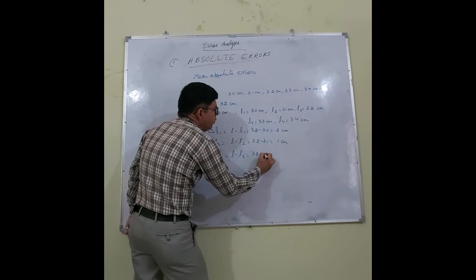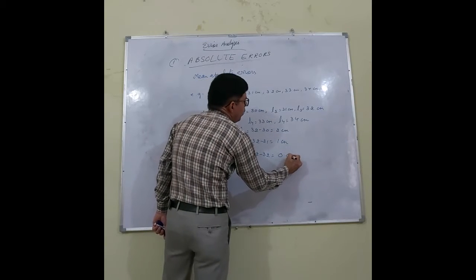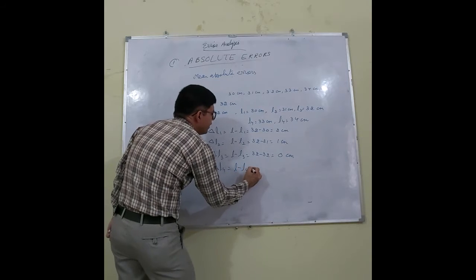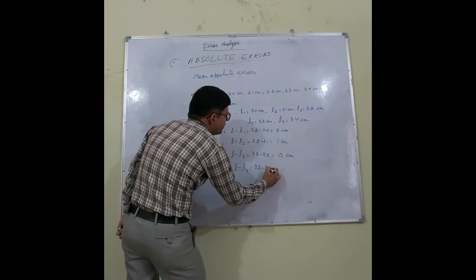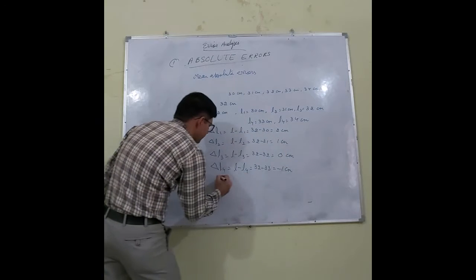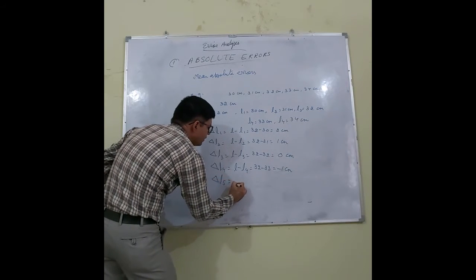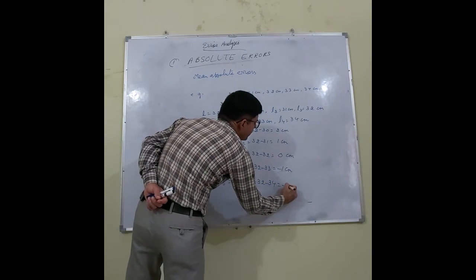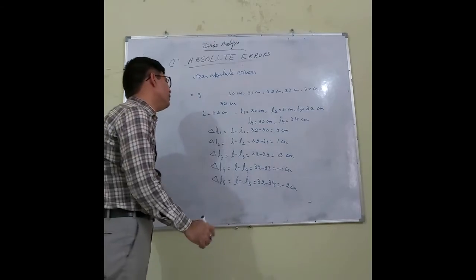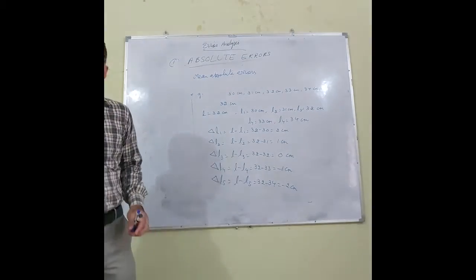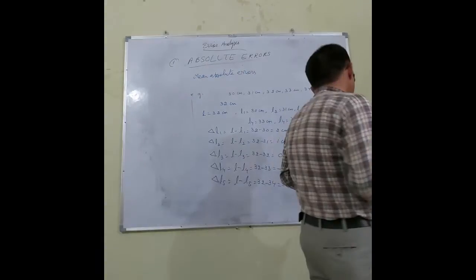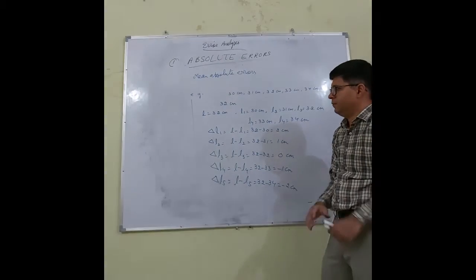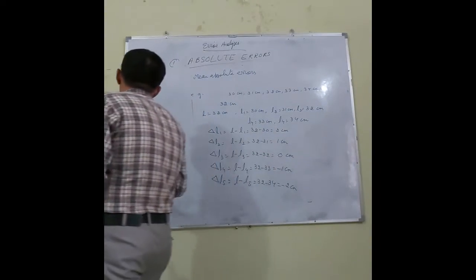It will be 32 minus 32, this is 0 centimeter. And in the fourth, L minus L4, 32 minus 33, minus 1 centimeter. And in the fifth observation, L minus L5, 32 minus 34, minus 2 centimeter. Now, delta L1, delta L2, delta L3, delta L4, delta L5 are clear; they are used to represent the absolute errors. Now, what is the mean absolute error?